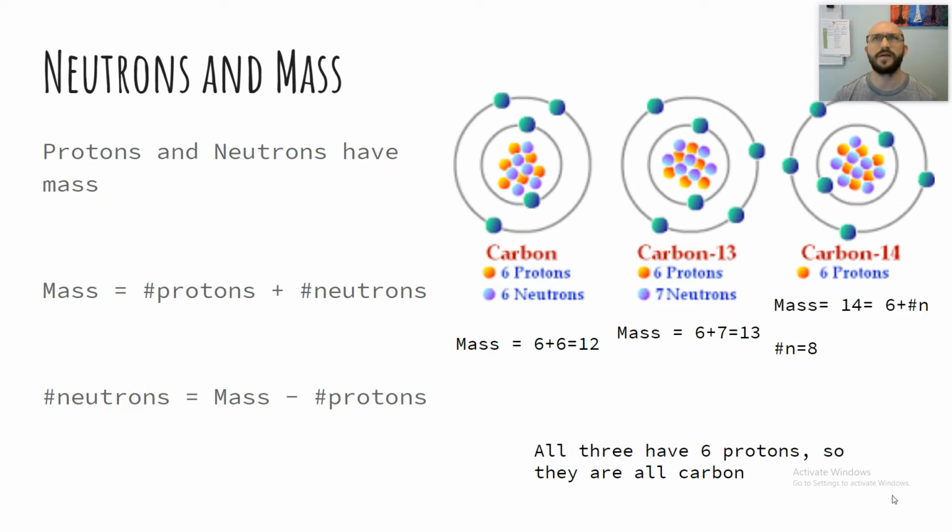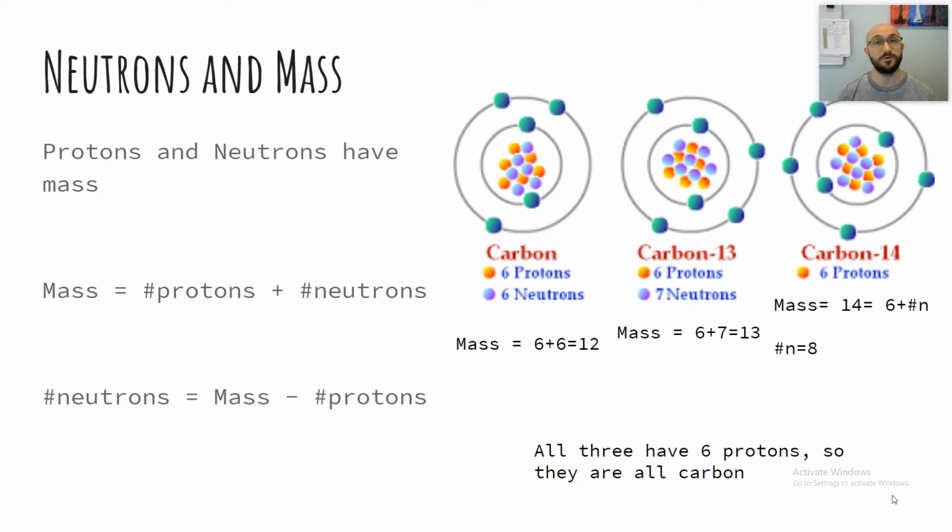I found that we have a lot of issues, though, dealing with the number of neutrons and mass. So the number of protons in all atoms of the same element will always be the same. All carbons have 6 protons, but not all carbons have 6 neutrons. Some have 6 neutrons, some have 7 neutrons. This changes their mass. The mass of an atom is the number of protons plus the number of neutrons.